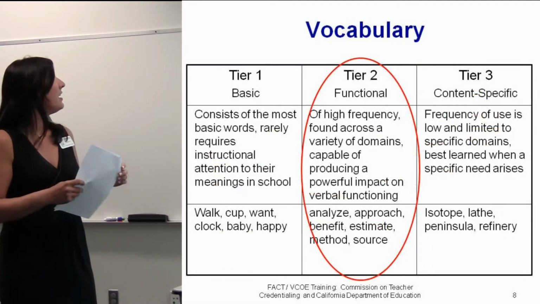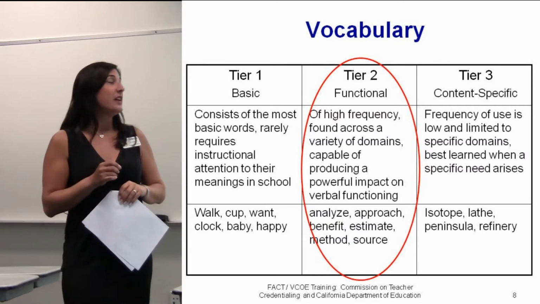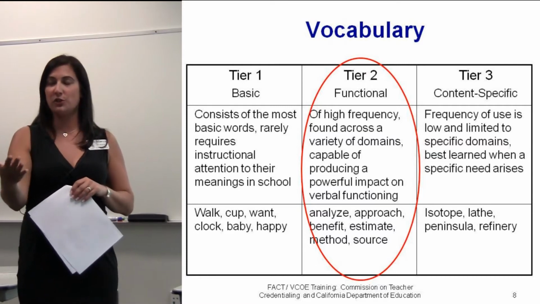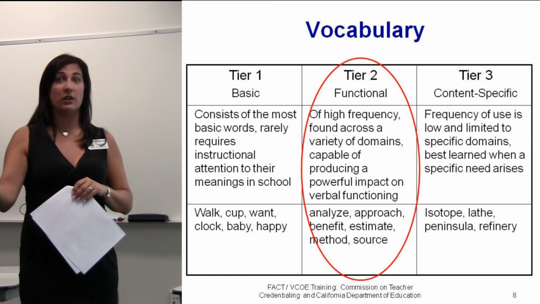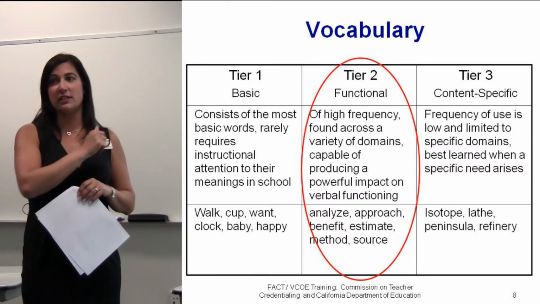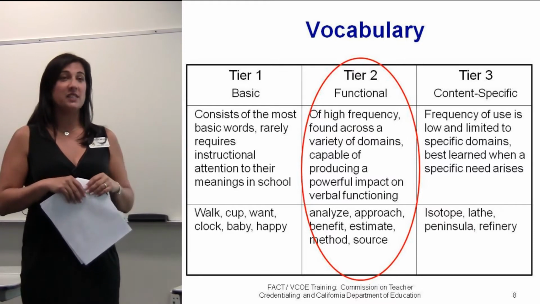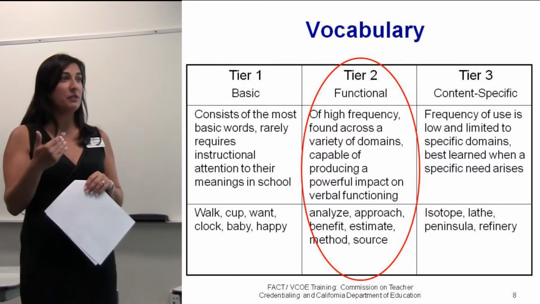But then we really have to spend a lot of our time teaching those Tier 2 vocabulary words. If I teach a child a Tier 2 word, they're going to have multiple opportunities to use and see that word among various different content areas. They may see the word sum in math, and they may see the word summative in a language assessment. So we want them to find those words.